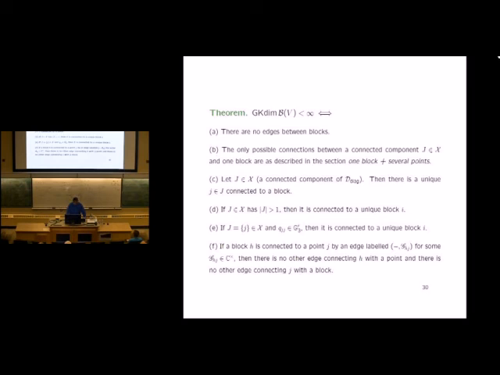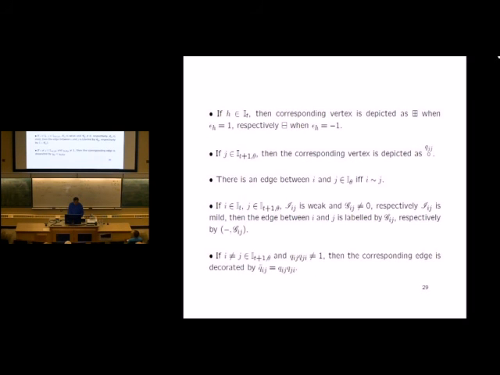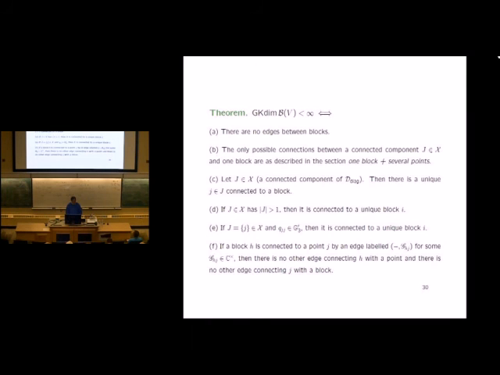So for each such diagram, for each V in this class, we have a diagram with this decoration, a graph with this decoration. And we want to know in terms of this diagram when the Gelfand-Kirillov dimension is finite, and the theorem is to have a finite Gelfand-Kirillov dimension, you need to have no edges between blocks.